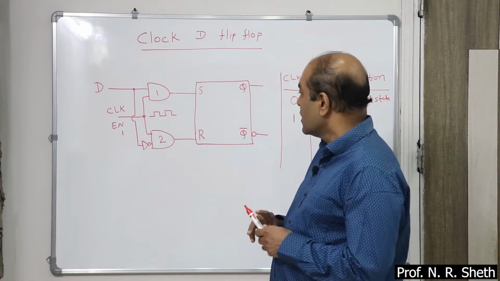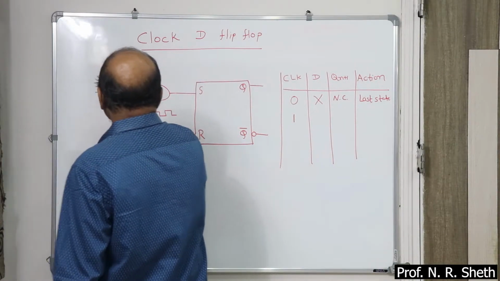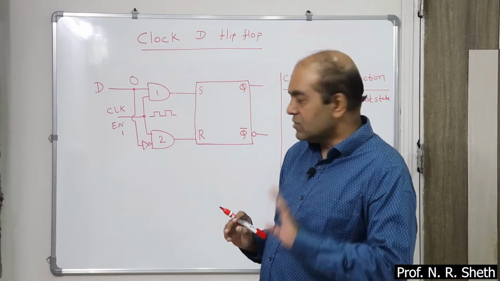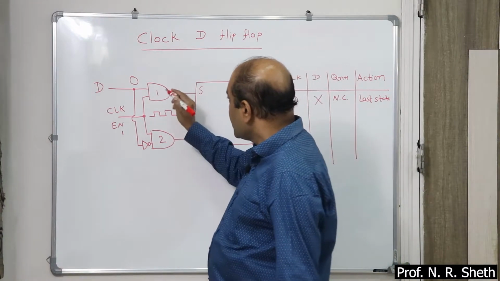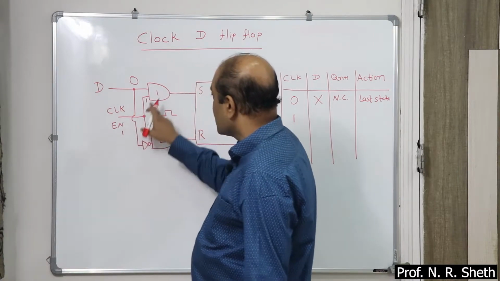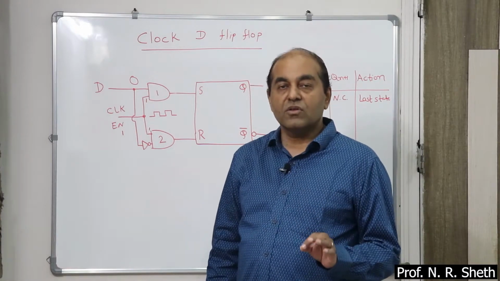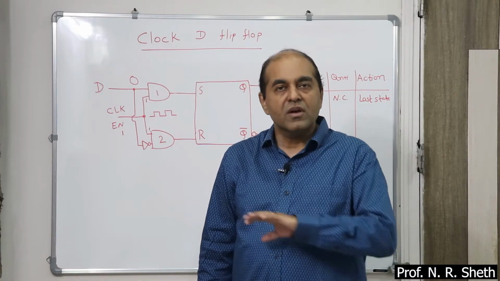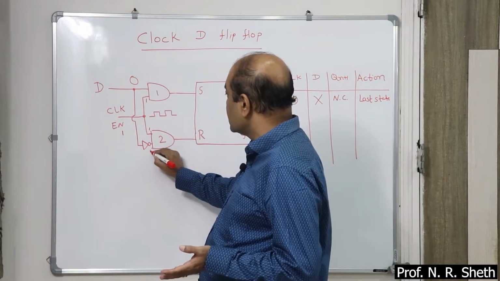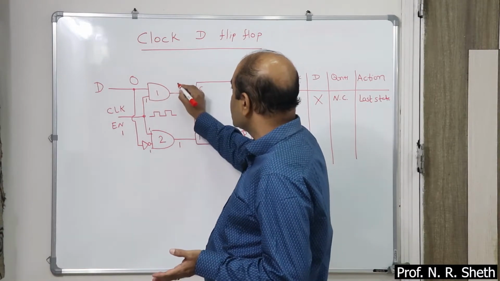Okay. Now, if the D input is 0, this part is 1 because the clock pulse is high, and D is 0, this is a NOT gate. A NOT gate is a function of inversion. So if D is 0, this is 1. So 1, 1 means it is 1, 0, 1 means 0.